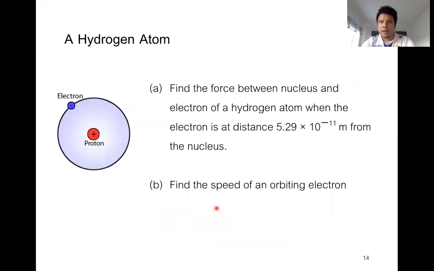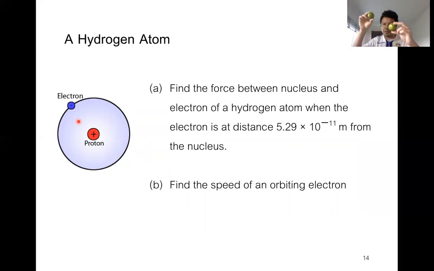I'm going to talk a little bit about an example before we do this in detail in our live class. For a hydrogen atom, it has one proton. A proton has a positive charge, and an electron has a negative charge. So you can guess that a positive and a negative charge will try to attract each other. But what is actually happening here is we are going to assume that the electron is doing a circular motion around the proton.